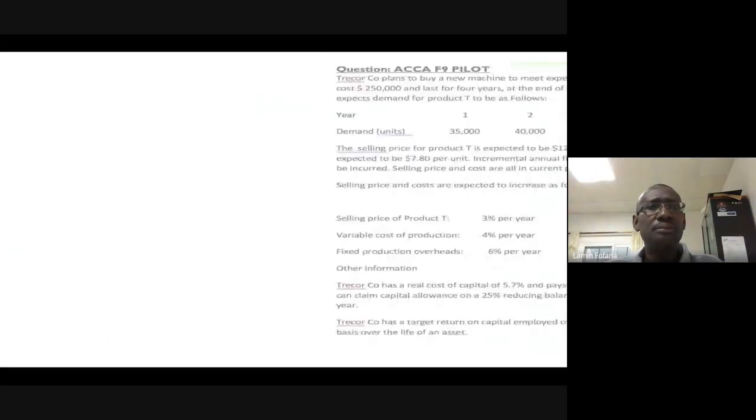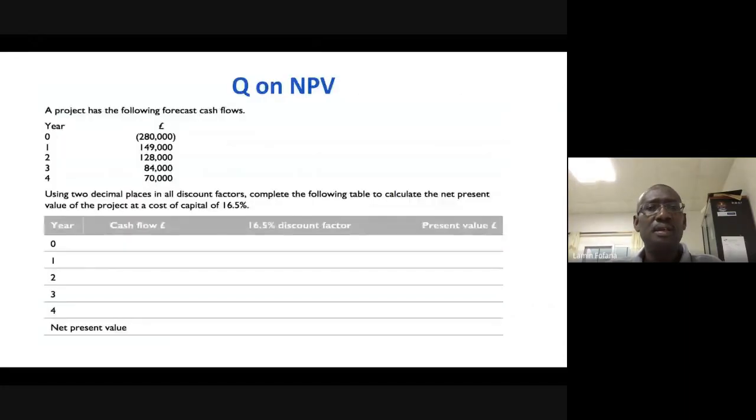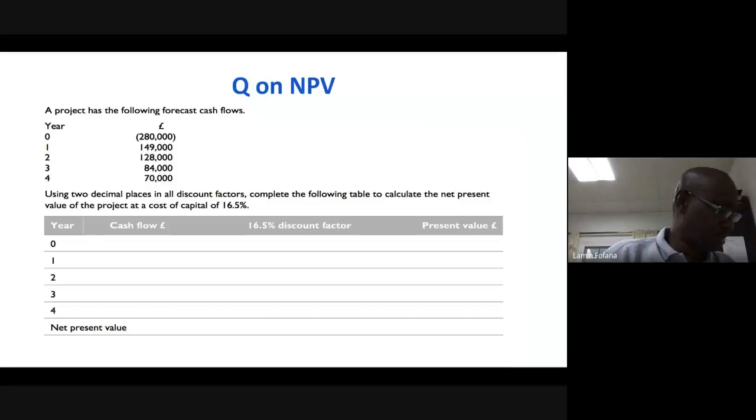Right. Now, before we go there, this is the question. Which page is this on? I think it's the question at the bottom of, which page is this question? $280,000.